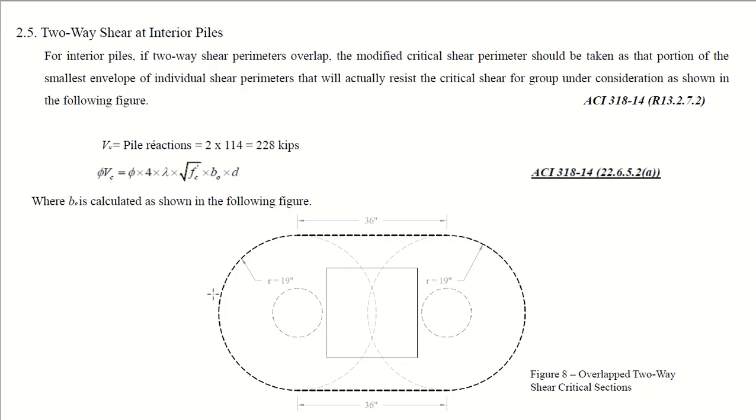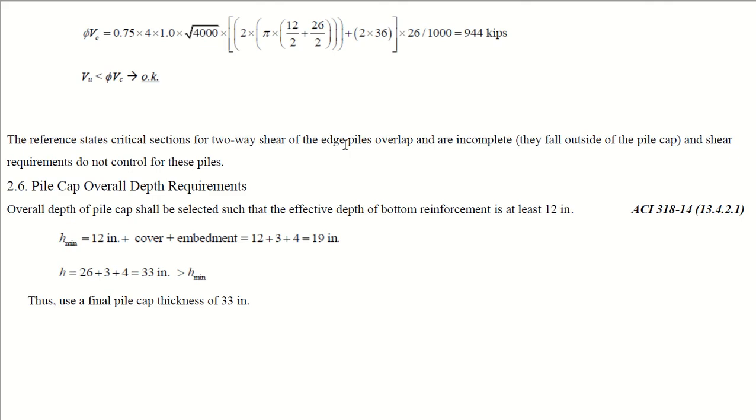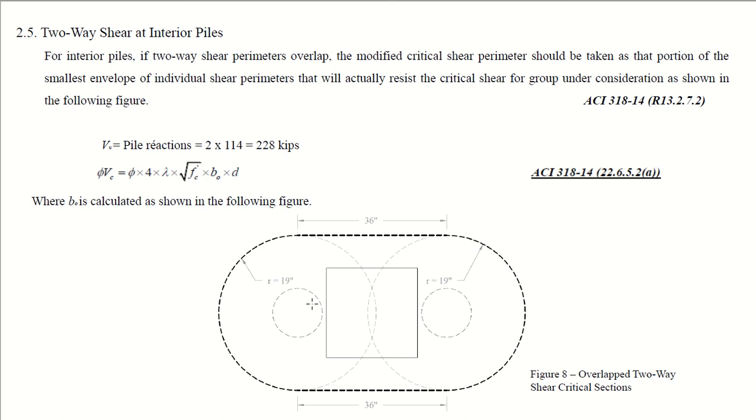Now you are left with this semicircle and this semicircle, okay. So the length of the semicircle, since there are two semicircles, is 2 into pi into 12 by 2 plus 26 by 2. See, the 12 is the dia of pile and 26 is the depth of the footing or pile cap, okay.